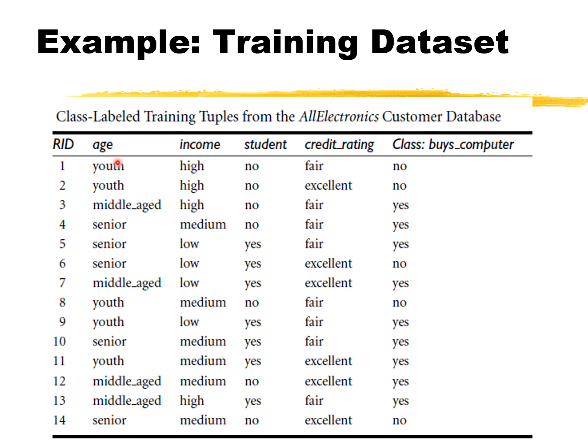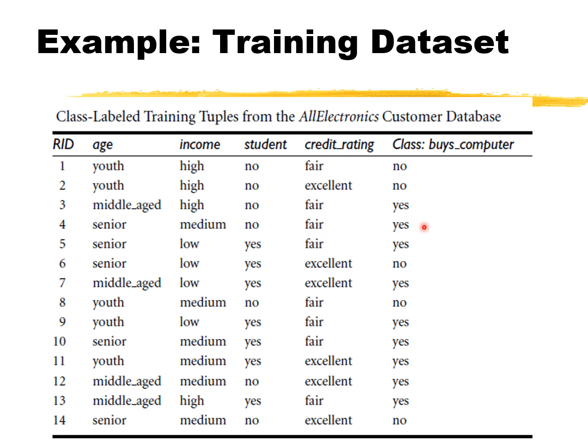Age has three values: youth, middle-aged, or senior. Income has high, medium, or low. Student has no or yes. And credit rating has only fair or excellent.